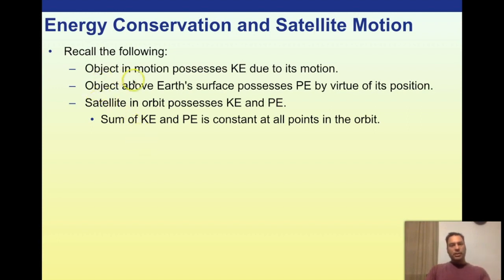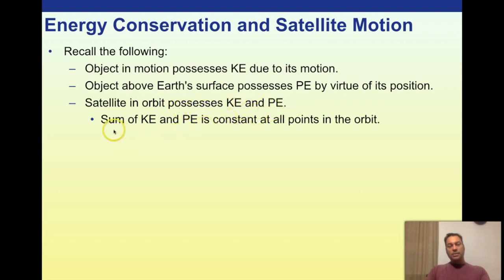So recall the following: an object in motion possesses kinetic energy due to its motion. An object above Earth's surface possesses potential energy by virtue of its position, right? So satellites in orbit possess both kinetic energy and potential energy.